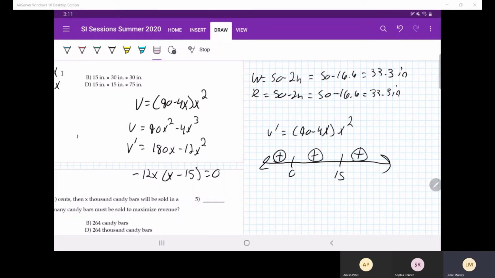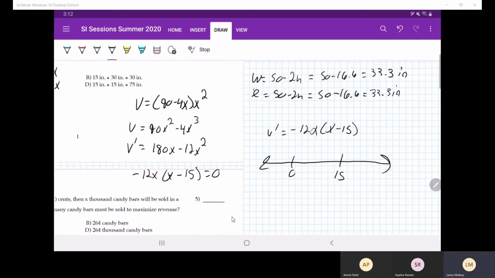That's the derivative. Well, yeah. I plugged it into the wrong equation, guys. Y'all didn't catch me. I preached this. V prime equals -12x times x minus 15. Y'all didn't catch me. So now you have a negative.